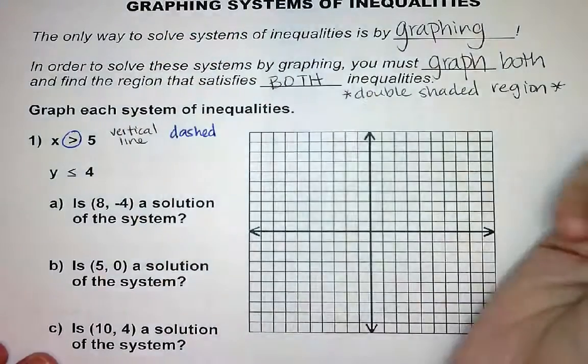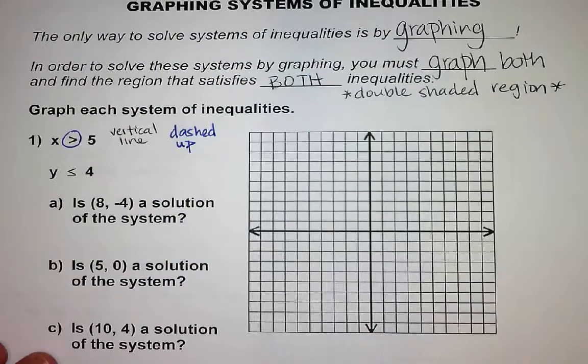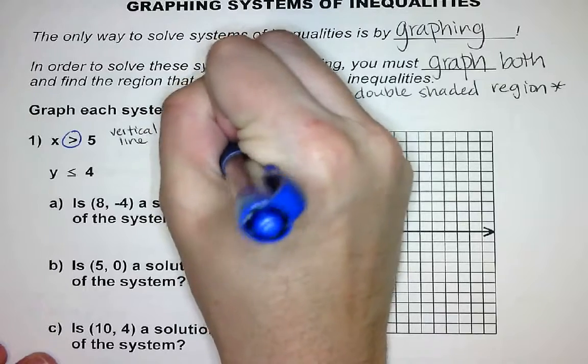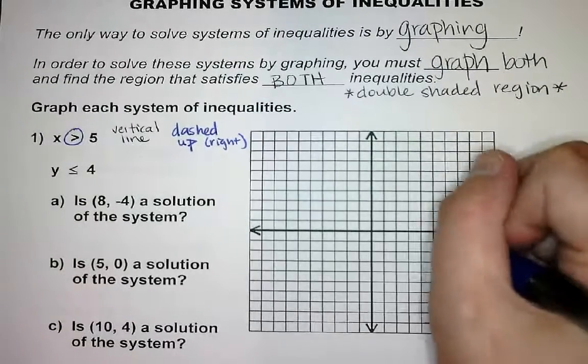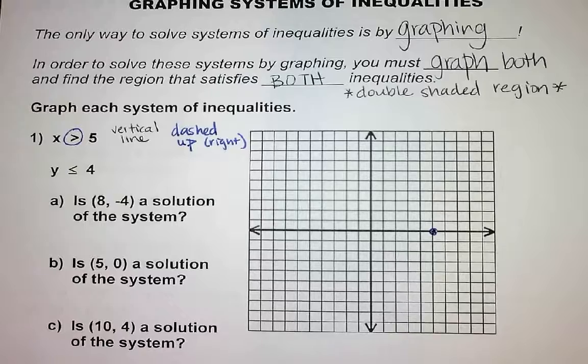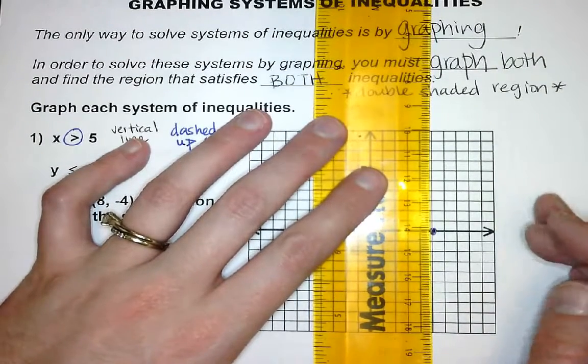And are we going to shade up or down? Well, it should be up, but because it's a vertical line, we are going to shade to the right. That only applies to vertical lines. So at x is greater than 5, it's going to be a dashed line.